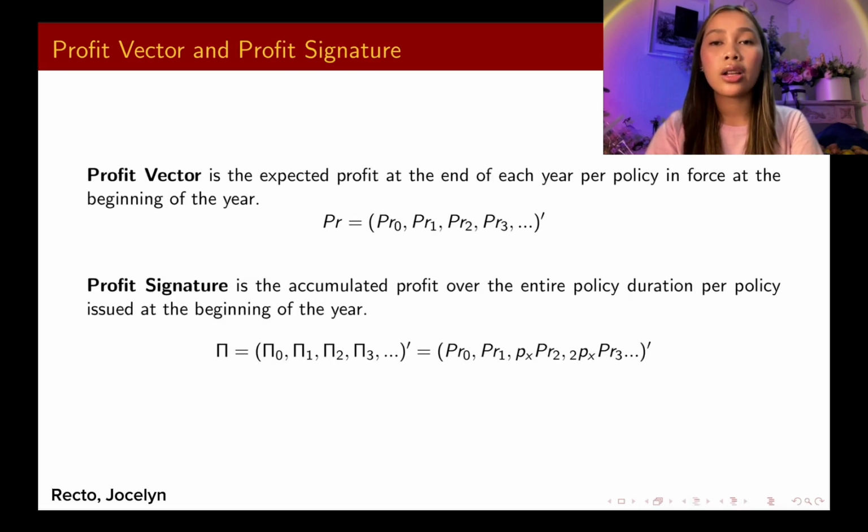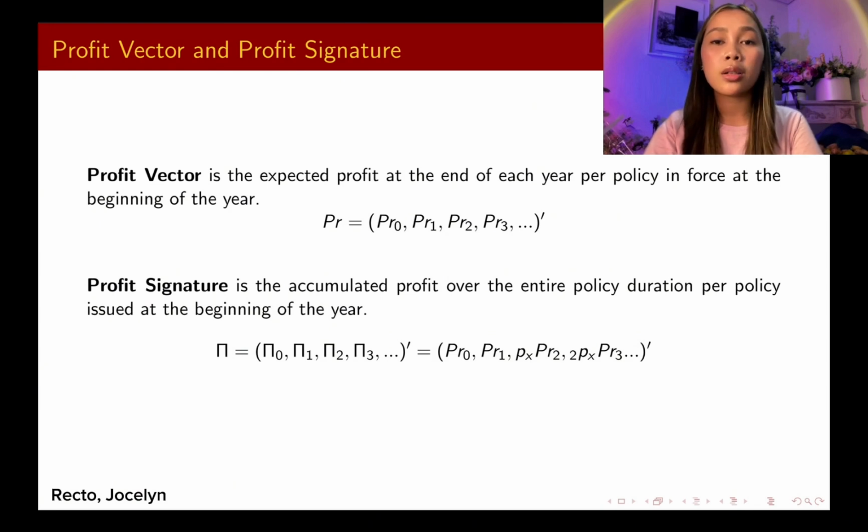So, to further understand how profit emerges over time, actuaries use profit vectors and profit signatures. The first is the profit vector, which represents expected profit at the end of each policy year, given at the beginning of the year. So, PR is equal to PR sub 0, PR sub 1, PR sub 2, PR sub 3, and so on. This shows how profit develops annually, while the profit signature accumulates profits across policy years, adjusted for survival probabilities.